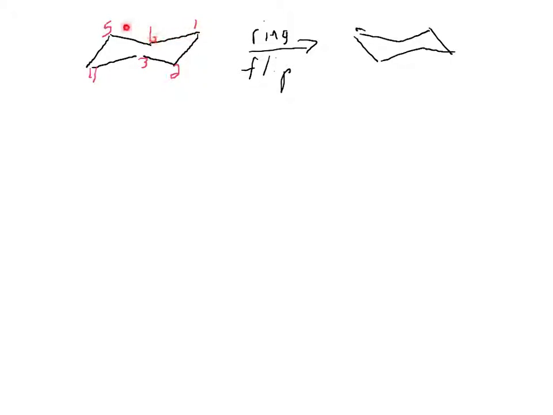You're laying down, here's your feet, here's your footrest. What's going to happen in a ring flip is I'm going to pull the head of the chair down. I'm going to pull the leg rest up. So as I pull it down, I'm pulling 1 down. So now carbon 1 is actually going to be the bottom of the leg rest. And carbon 4 got pulled up.